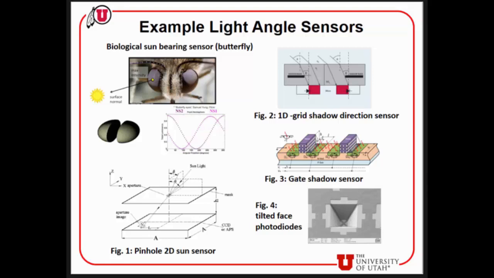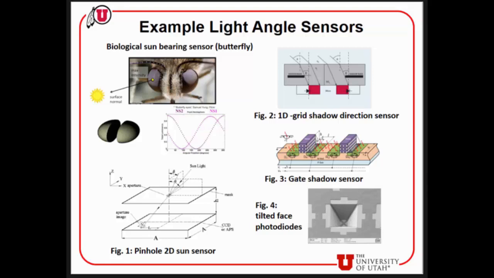It's a pinhole 2D sun sensor, and as clearly shown, it consists of a CCD sensor and a light mask on top. The light mask consists of a small pinhole. When there are incoming rays, almost all the rays are not allowed to pass through except for one single ray, which goes through the pinhole and falls on the CCD array.